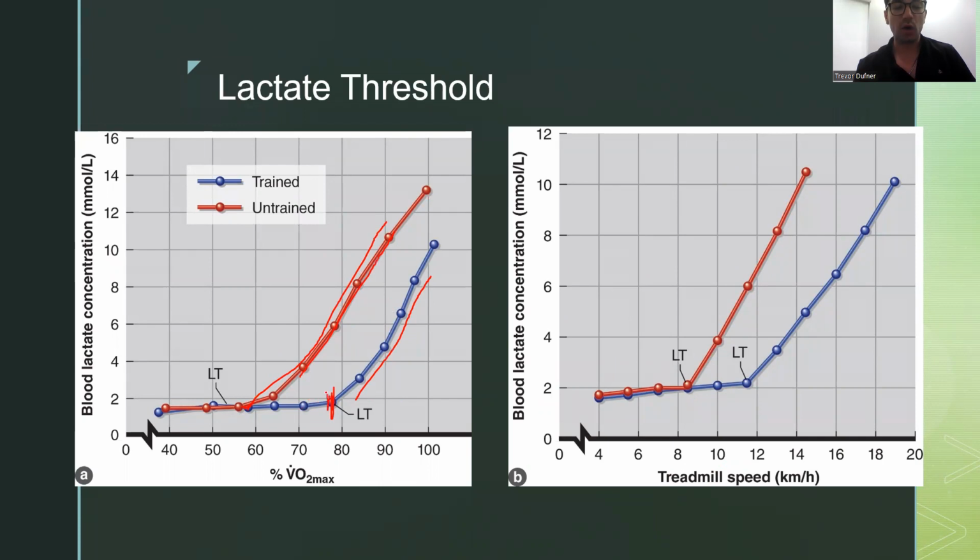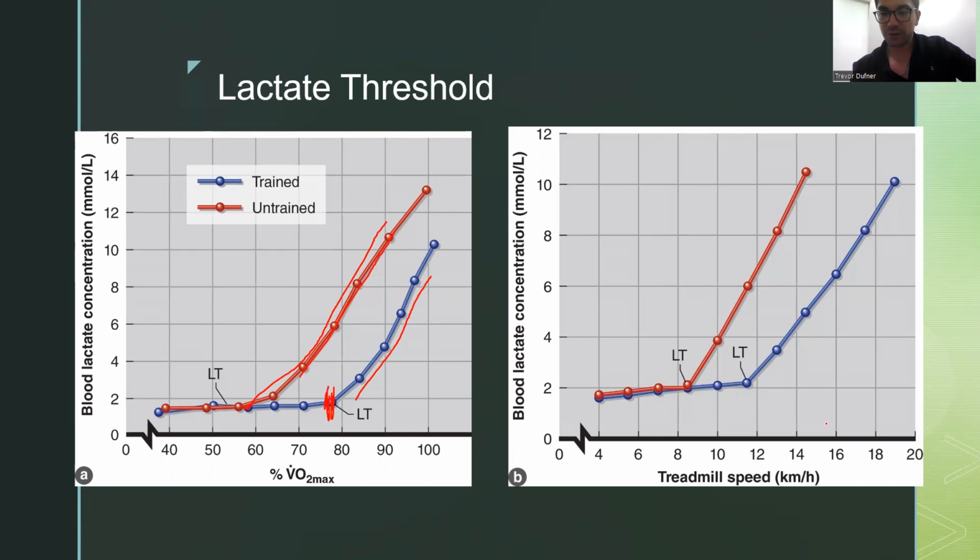So that means that they're likely running at a faster pace when they reach the lactate threshold than this individual was. And this is really, really important for people who are trying to run a marathon. So you see over here the treadmill speed.